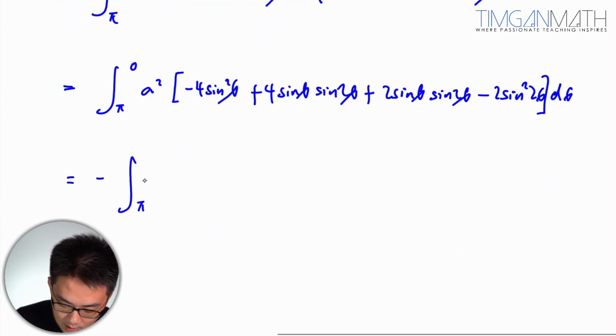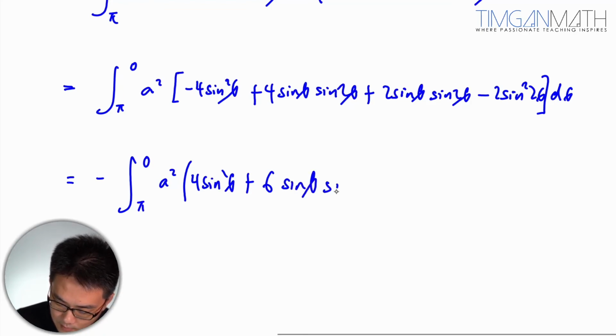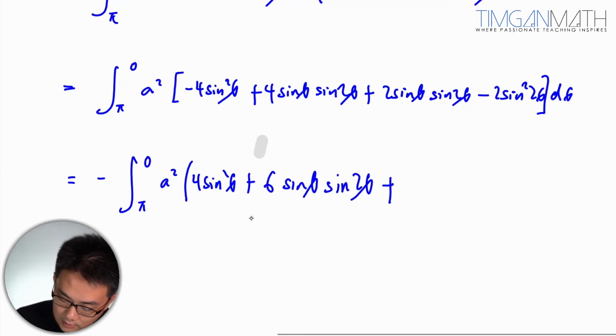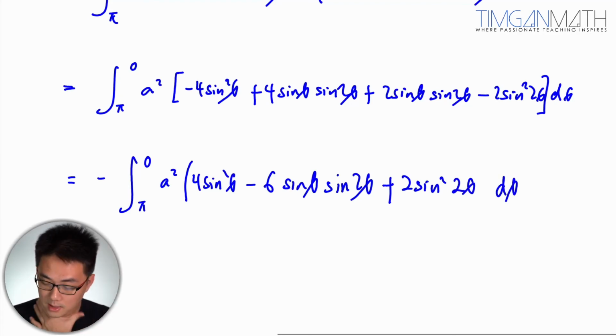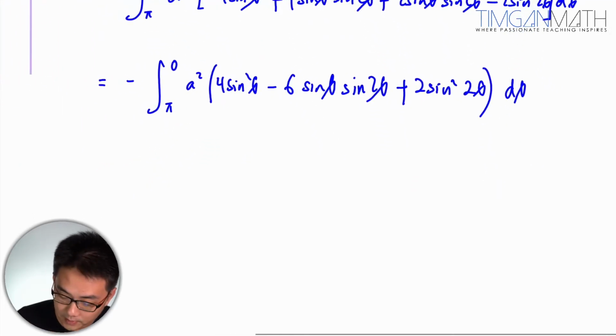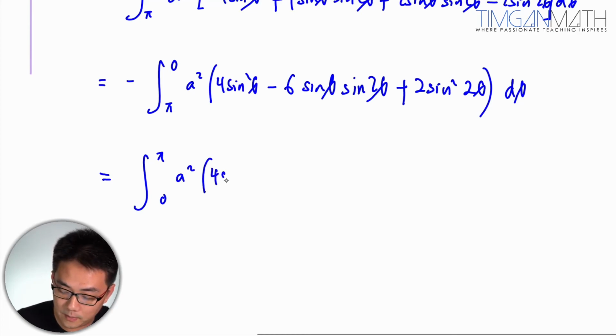So this is pi to 0, a squared, times 4, with sine terms and minus 2 sine squared 2 theta d theta. And I'm just going to flip it up and down: pi to 0, a squared. This is how you do this question proficiently.